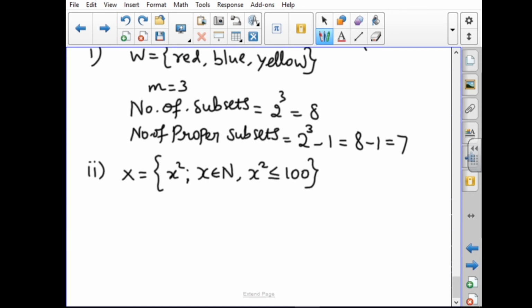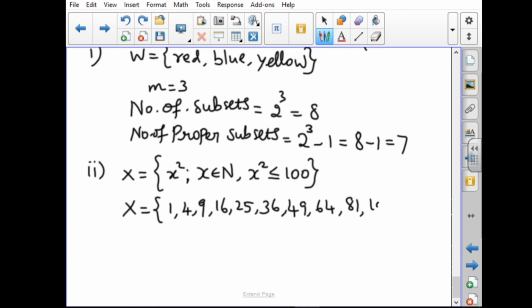Okay, x square, that means square numbers we have to use for natural numbers x belongs to N. So what are the possibilities? 1 square 1, 2 square 4, 3 square 9, 4 square 16, 5 square 25, 6 square 36, 7 square 49, 8 square 64, 9 square 81 and 10 square 100. Okay, so totally 10 elements are there.